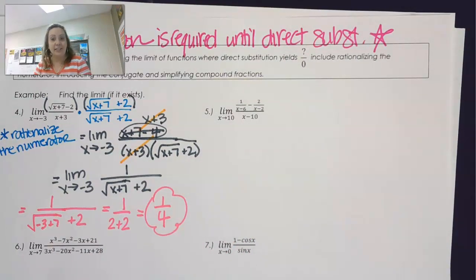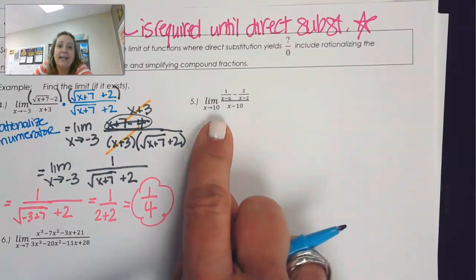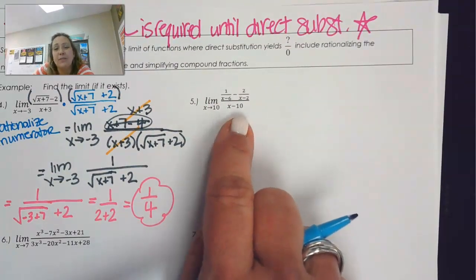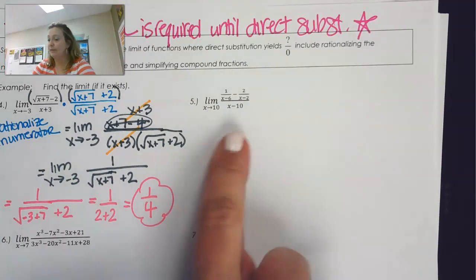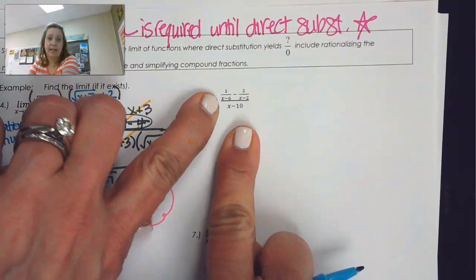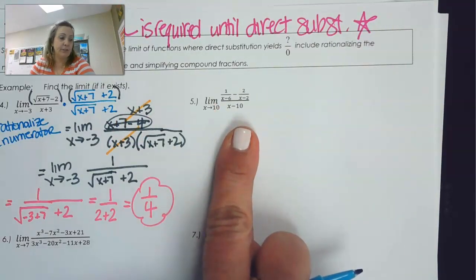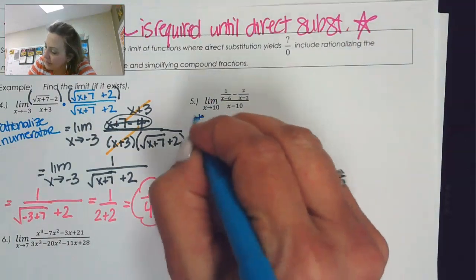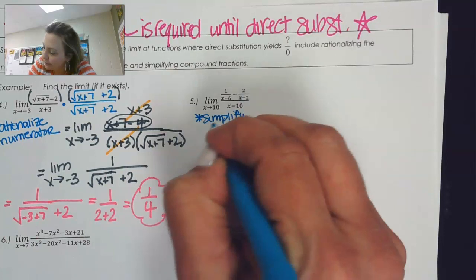Okay. Let's look at another one. Number 5. Our issue is that if we substitute 10 in by direct substitution, once again, we're dividing by 0. So what potentially could we do here? Well, one thing that we've gotten rid of before, regardless if we've had a limit or not, is complex fractions. So maybe we could do that. In this case, our tactic is going to be to simplify the complex fraction.